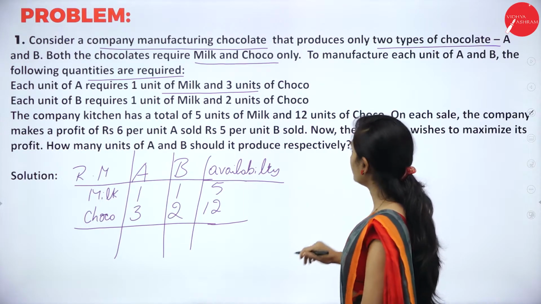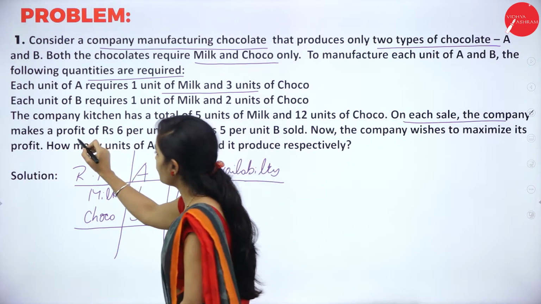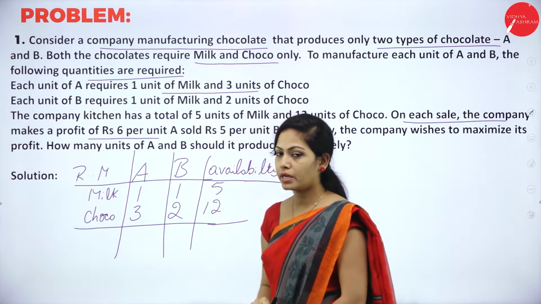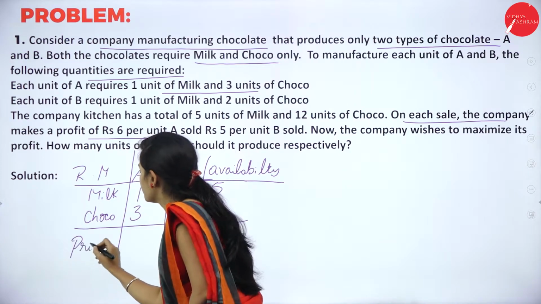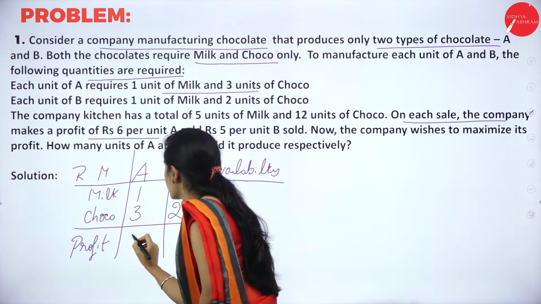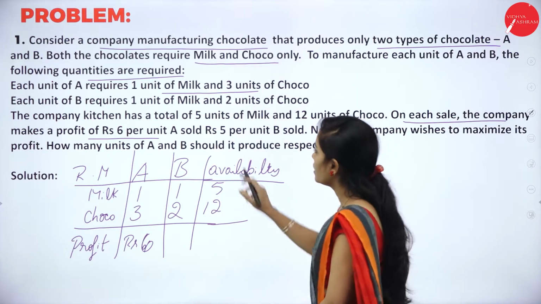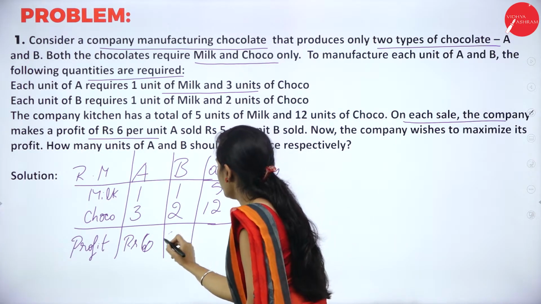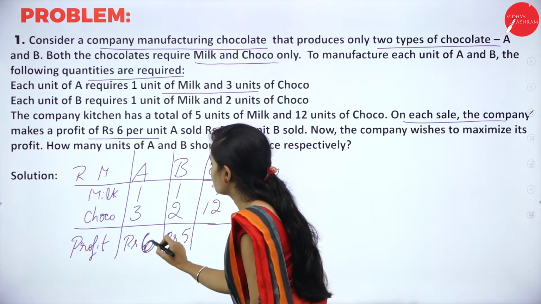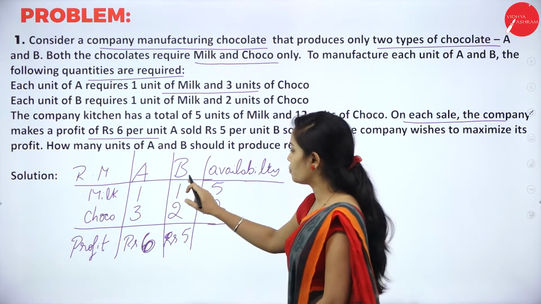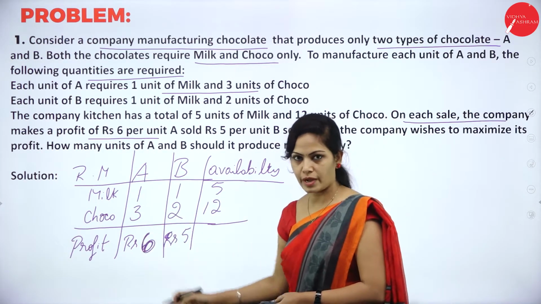On each sale, the company makes a profit of 6 rupees per unit of A and 5 rupees per unit of B. So they have given the profit values.